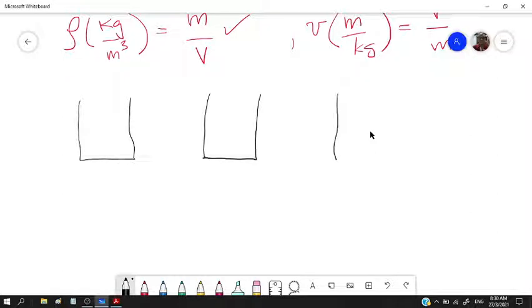I'm trying to explain the meaning of independent and dependent. Let's say we have water right here. This is the cover of the piston, then we have the water inside. This is our boundary.